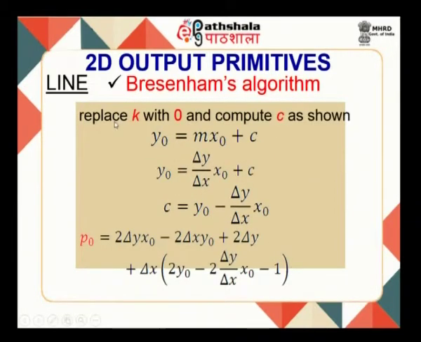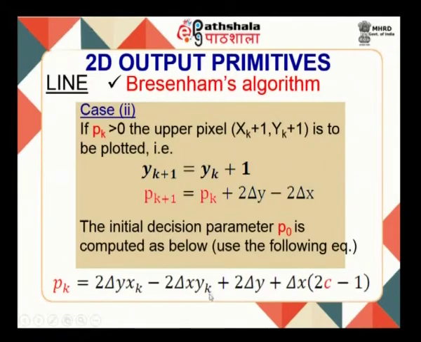That is what is mentioned in this slide: replace k with 0 and compute c as shown. You have this equation as 2 del y x naught minus 2 del x y naught plus 2 del y plus del x into 2c minus 1, and the c is colored in red to indicate that this is the odd man out in this entire equation.